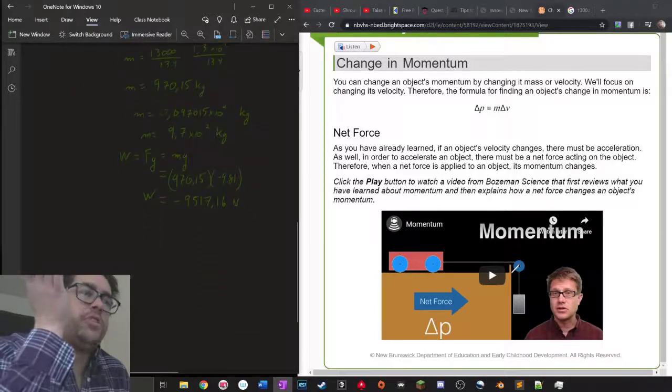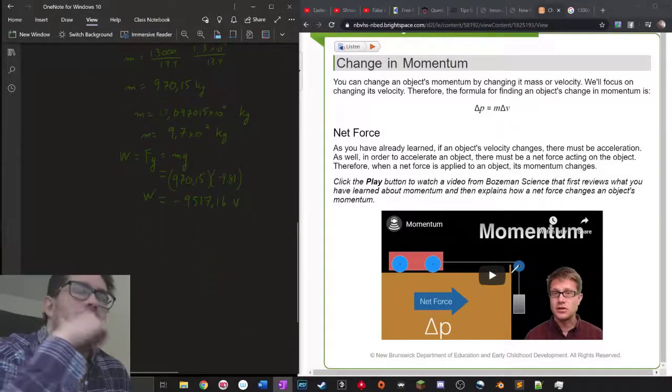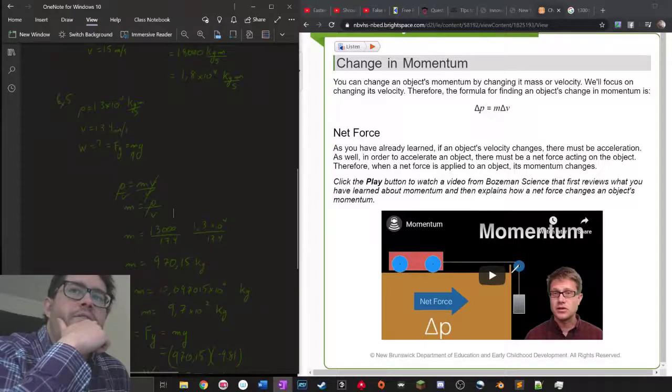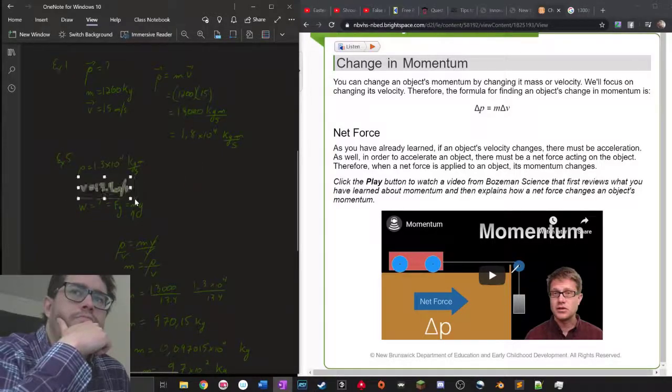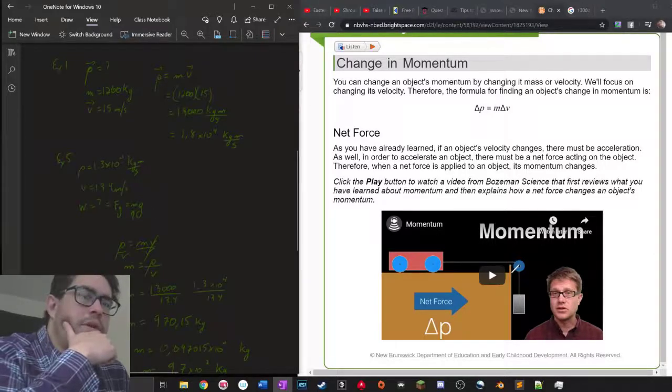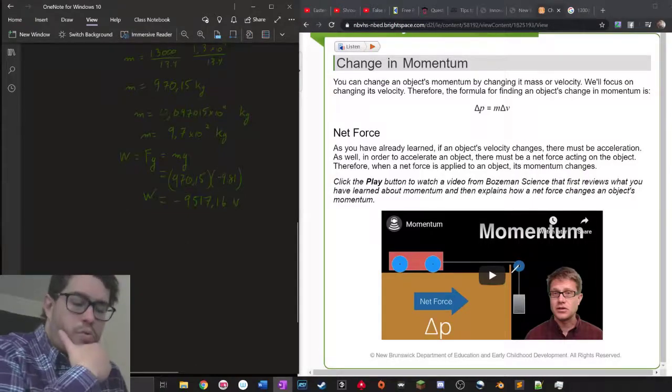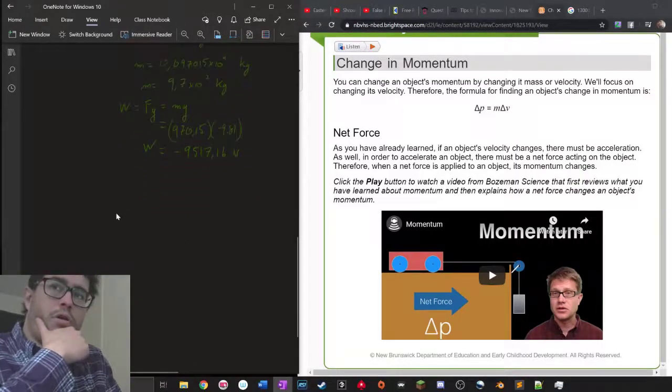What happens if the velocity changes? If I say this person had a velocity of 7 meters per second, and then it had a velocity of 13, I could then ask you, what was the momentum before? And what was the momentum after?